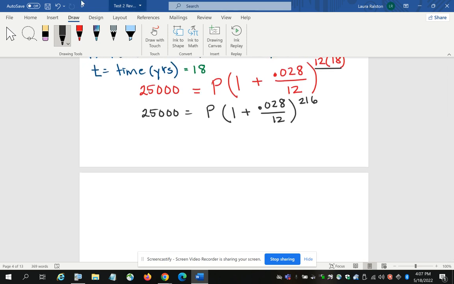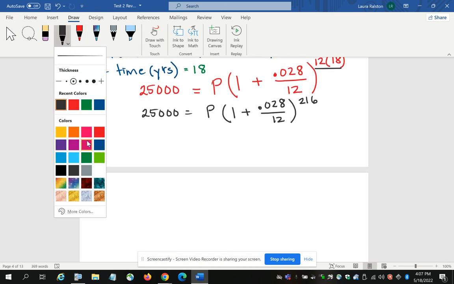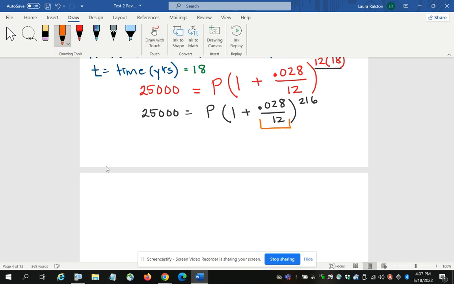Okay, so doing a walkthrough and thinking through my order of operations, next I'm going to do inside the parentheses, so I have 25,000 equals P times 1 plus 0.028 divided by 12 is 0.0023333. The 3 is repeating, raised to the 216 power.